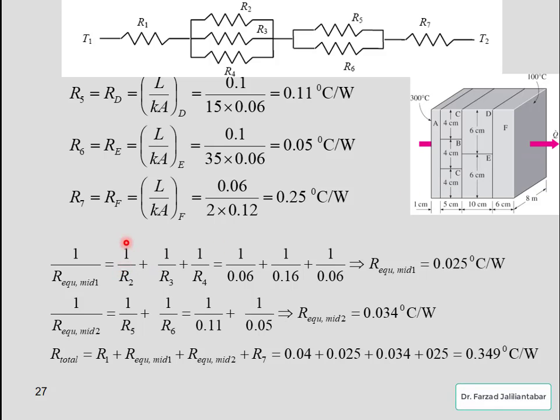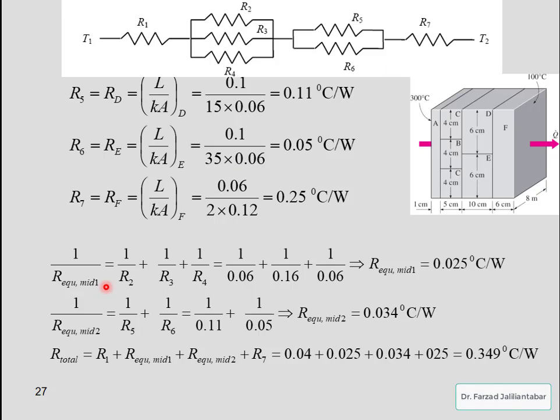Then we should calculate the total thermal resistance of the wall. Before that, we should simplify this arrangement of the thermal resistances to the most simple form.